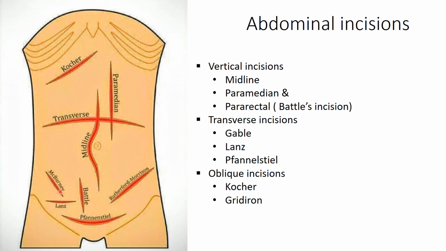So the external oblique is split along the incision line, as the incision line is along the direction of the fibers of the external oblique. It is directed downward and medially, and the fibers of the internal oblique and transversus abdominis are split opposite to that.